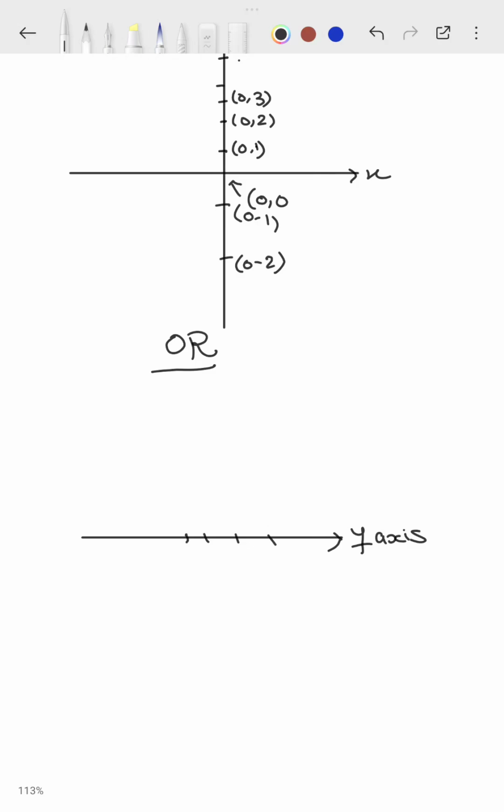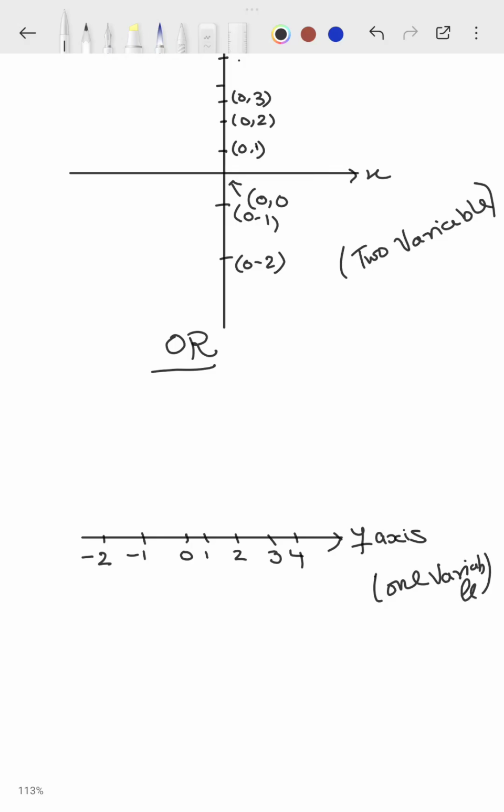So the numbers you are plotting, that is 1, 2, 3, 4, are all in one variable. Okay, this is the special case when x is 0. So the y-axis can be represented in two variables and also in one variable. This is the method of showing in two variables, and this is the way of showing in one variable.